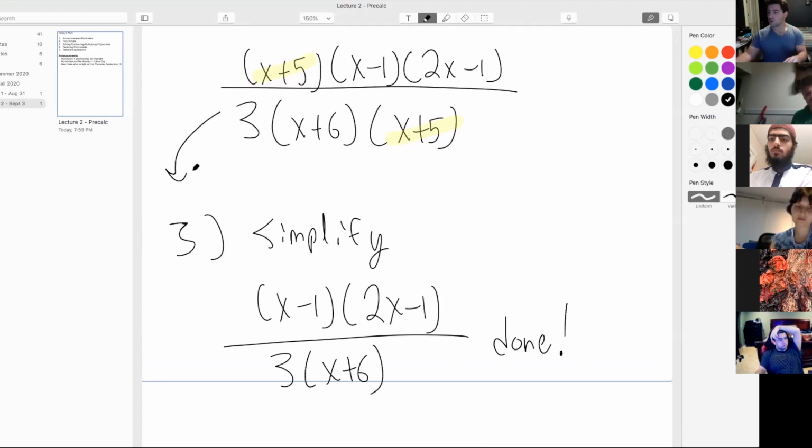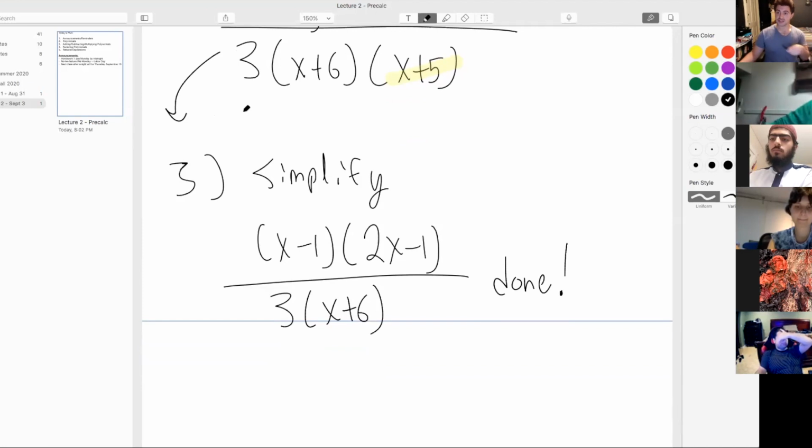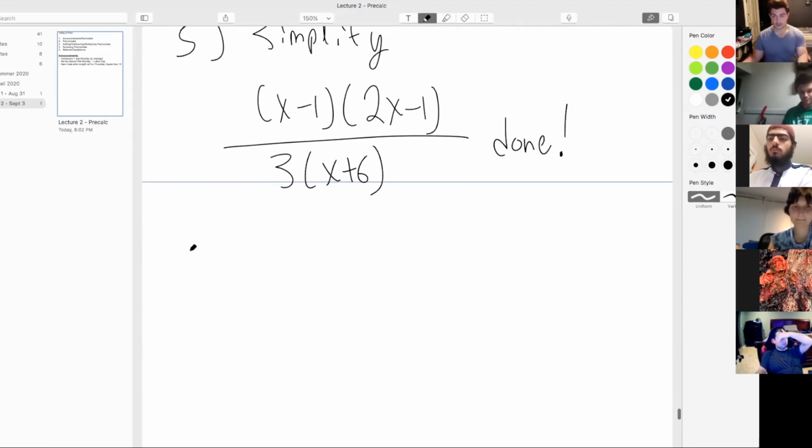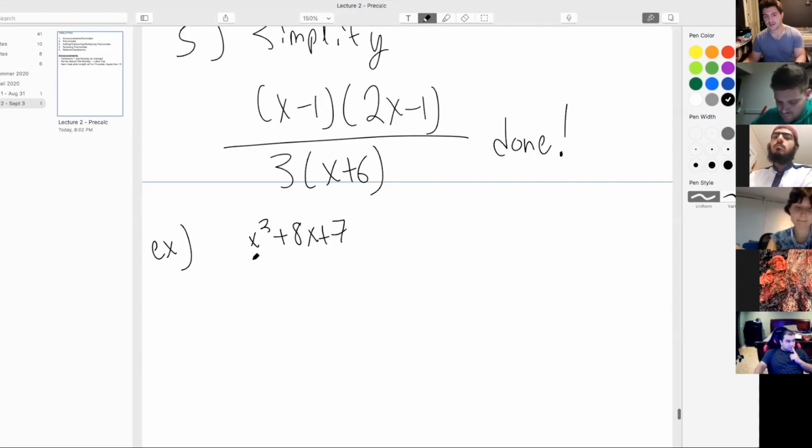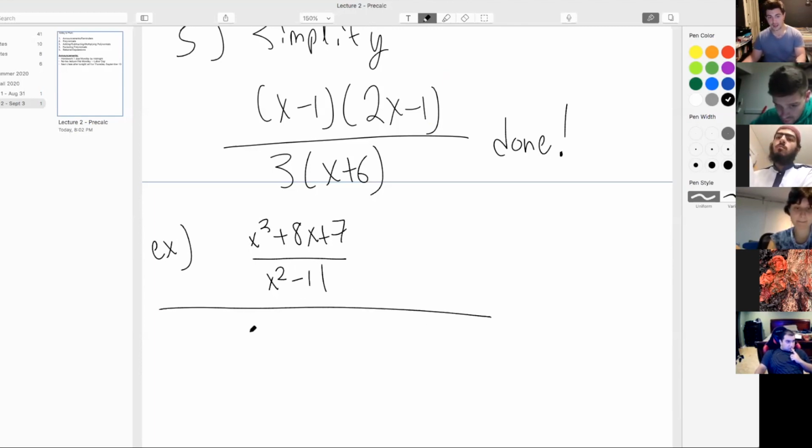Okay, let's do one division. So this was multiplying rational expressions; let's do dividing. Example: x squared plus 8x plus 7 over x squared minus 1, that whole thing divided by x squared minus 4 over x squared plus 2x plus 1.